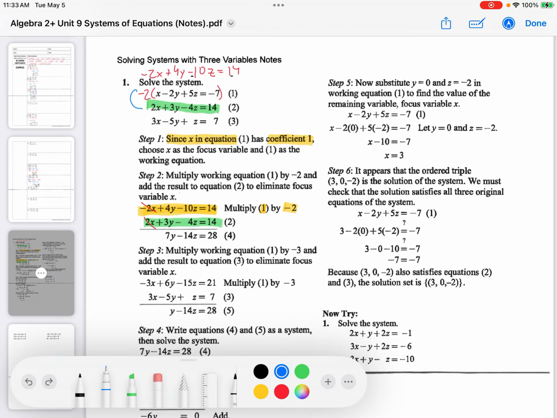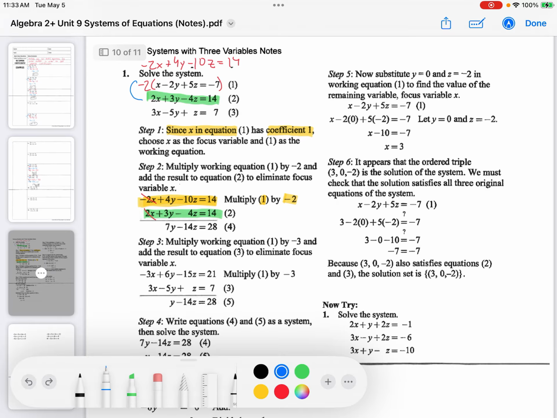Okay, so now we have an equation where we've eliminated the x. It helps us a little bit because now we've got one equation that only has 2 variables, but we need another equation with 2 variables so that we can solve it the same way we've solved our other equations. So we can go back up to that first equation, and this time let's cancel it out with the 3x minus 5y plus z.